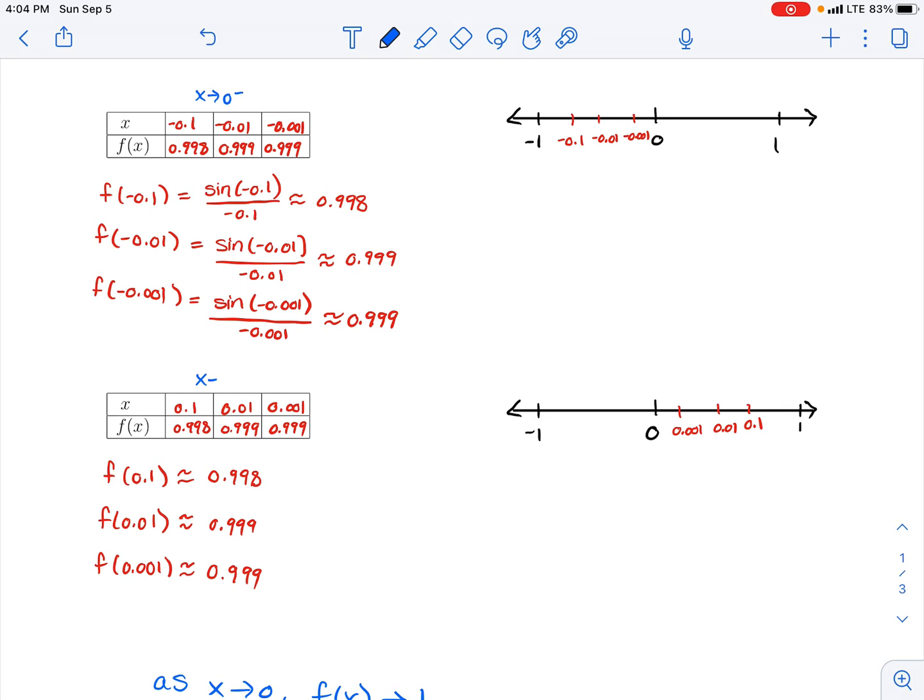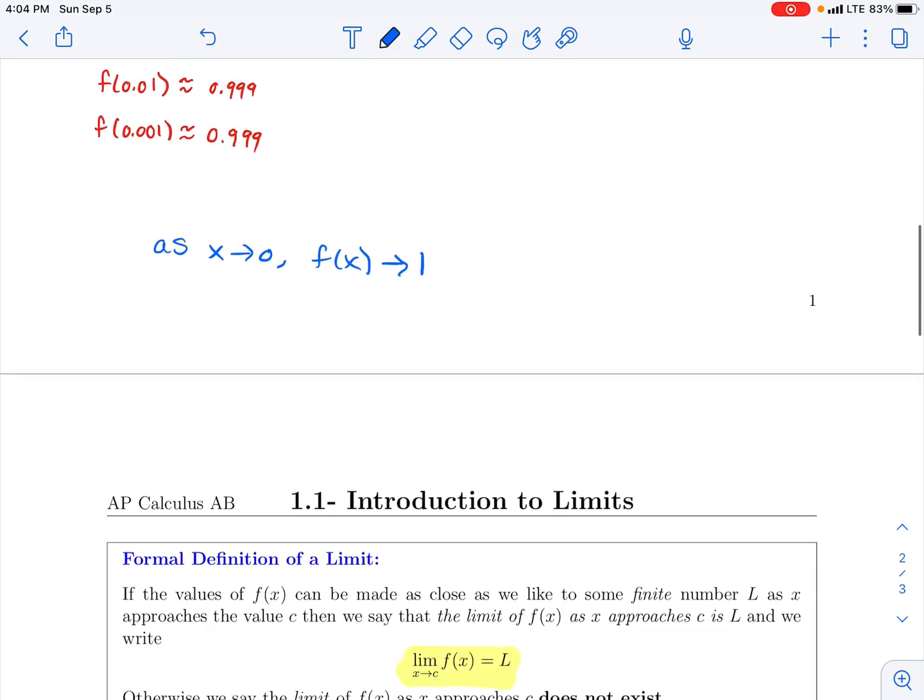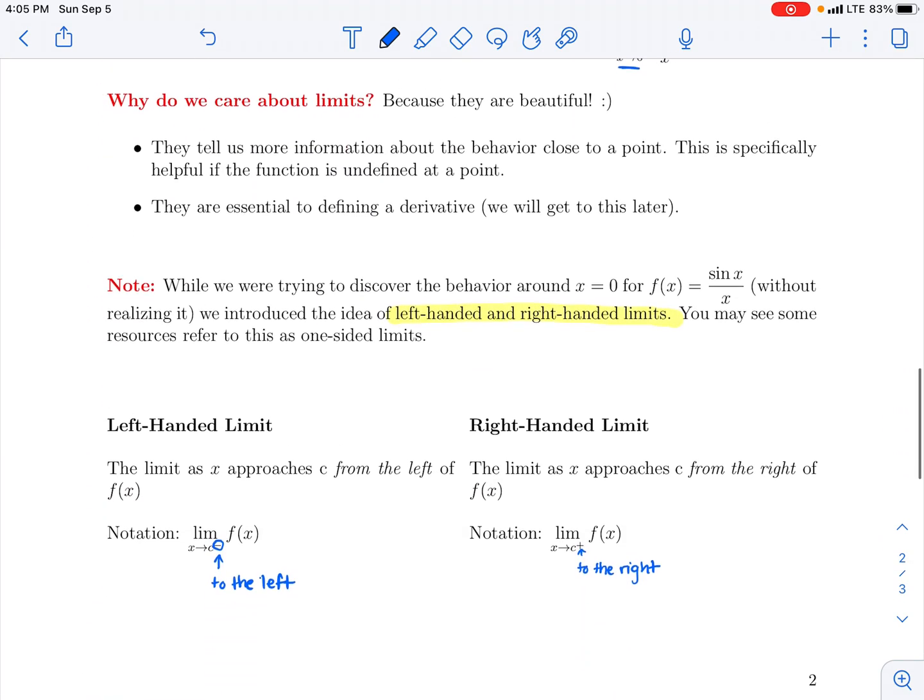And same thing for up here, this would represent x approaching 0 from the right, because we were looking at values to the right of 0 that were really, really close to 0. So that's basically why I said we already, without you guys realizing it, defined these two things.